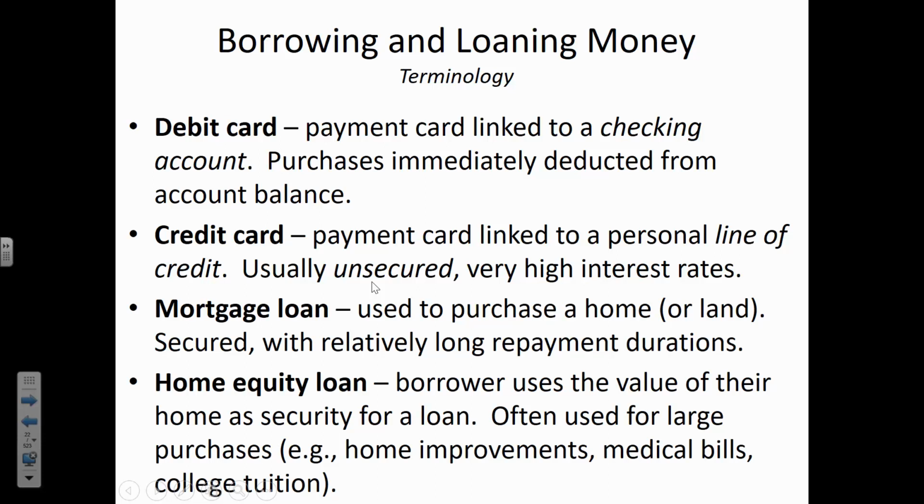All right. Mortgage and home equity loans are secured. That means there's something the bank could take, some item with high value that they could get back, and so the interest rates are lower because it's less risk to them. In the case of the credit card, there's more risk, so the interest rate is higher.